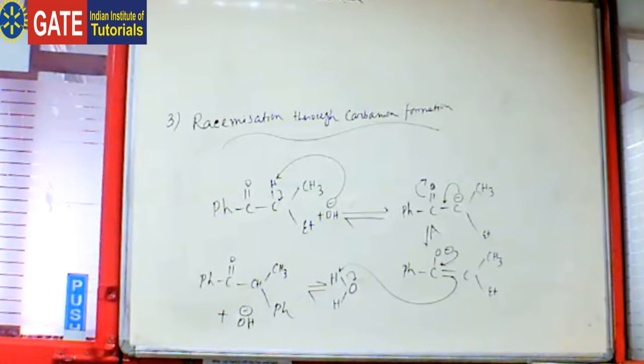In between, a carbanion forms, and that carbanion undergoes keto-enol tautomerism. Again it takes the proton, and if it is R it becomes S, and if it is S it is again converted into R. This way the racemization happens.